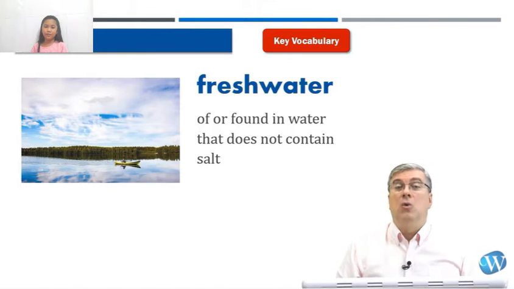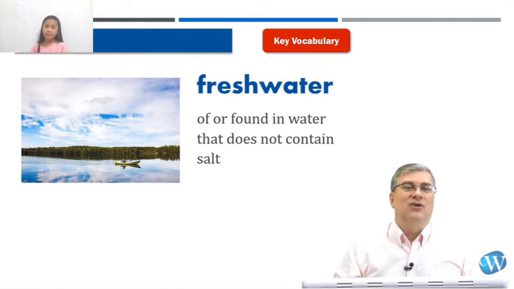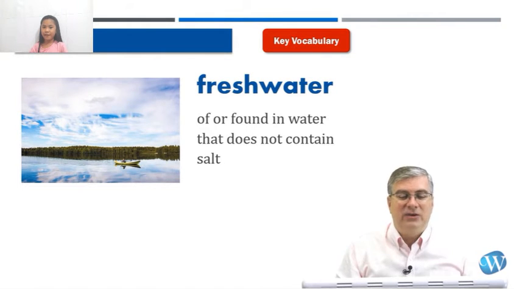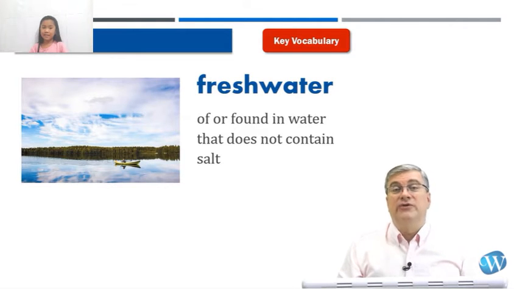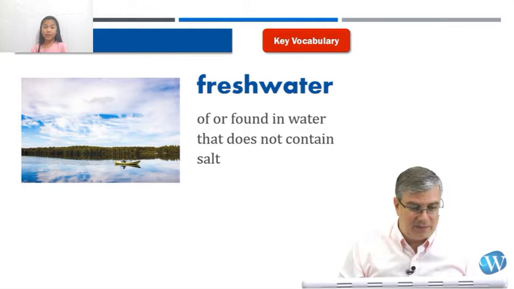Of course, the next word is fresh water. We can drink fresh water. Yes, it's very fresh, especially on a hot day. Fresh water is found in places that are not oceans. They can be rivers and lakes, right? They have fresh water.